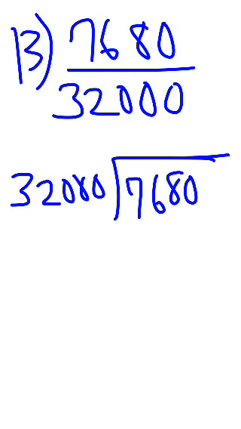Now 32,000 cannot go into our numerator, so we need to add a decimal and a zero.